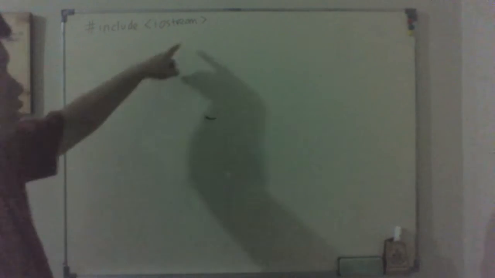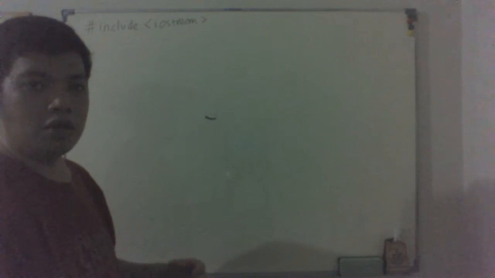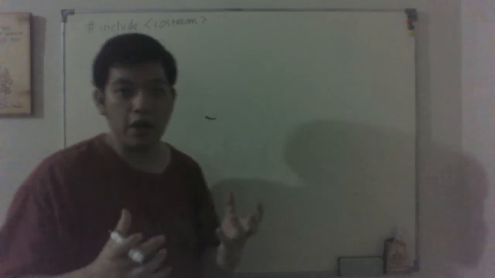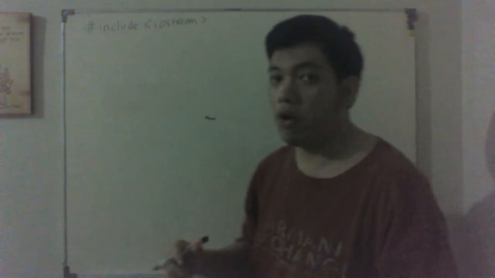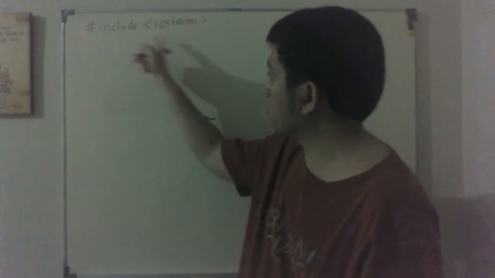Since we are going to deal with input-output, we need the medium, right? The way to interact or deal with I/O. In C++, we do it like this: include iostream.